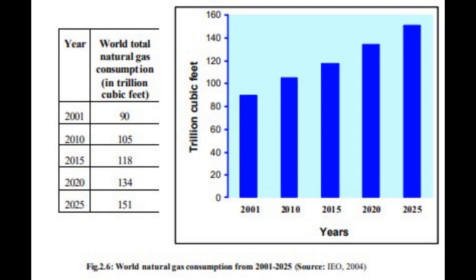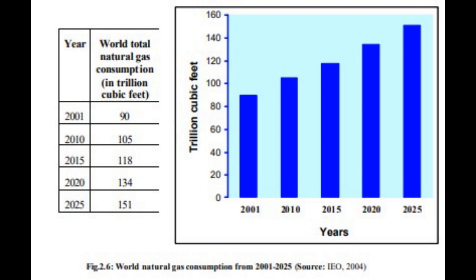Total world natural gas consumption is projected to rise from 90 trillion cubic feet in 2001 to 151 trillion cubic feet in 2025. The infrastructure necessary to expand natural gas use has not been as widely established in the developing world as it has in the industrialized world.